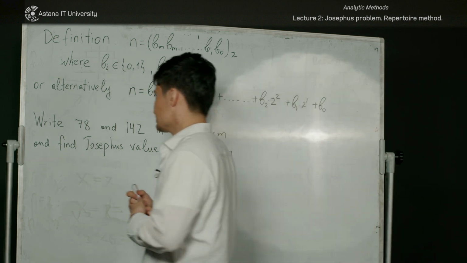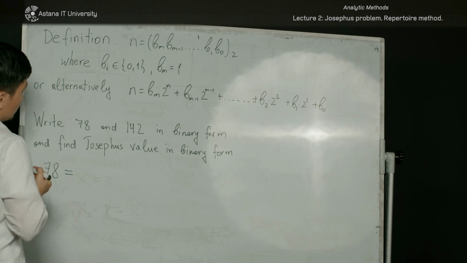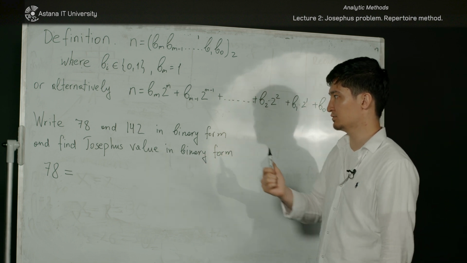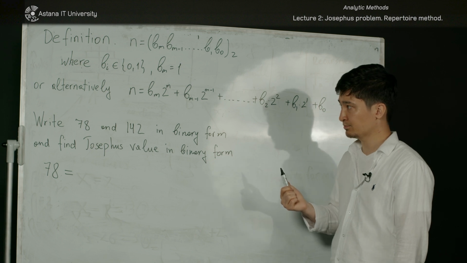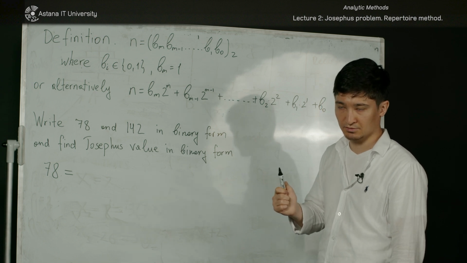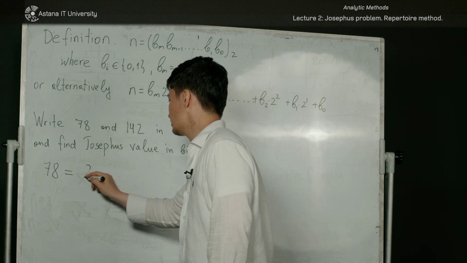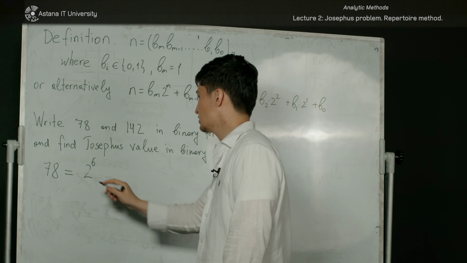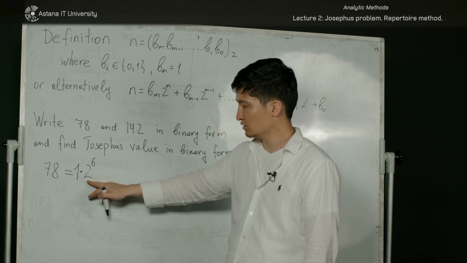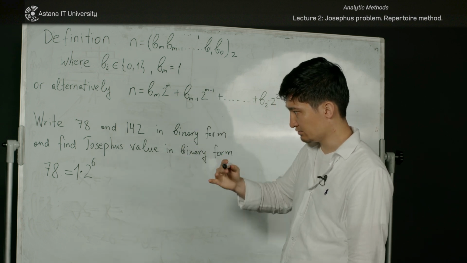Okay, so 78. Now we're going to look for the highest power of 2 which is closest to 78. So the highest power of 2 is going to be 6. 2 to the power of 6 gives us 64. So I'm going to write 2 to the power of 6, and I put 1 over here, which means that I'm counting this one. 64 is still less than 78, and it's the highest power of 2 which is less than 78.